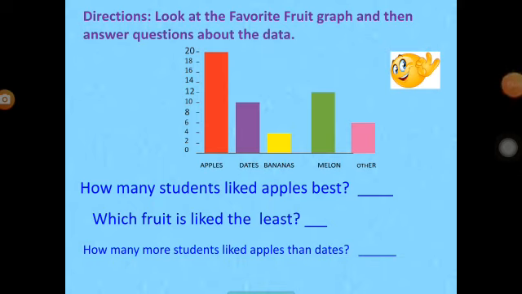So here is our first question for the bar graph. Look at the favorite fruit graph and then answer questions about the title. Before we start, I'm going to revise. Where is the horizontal line and the vertical line? Who can tell me?